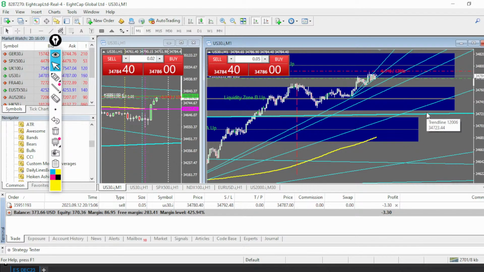Just a tad bit too early. Let's see if it comes back to the downside. I would have wanted to actually catch a proper break. This is not a proper break. It closed inside, opened outside. So not a proper break. So I got caught on that one. That was not a good break.